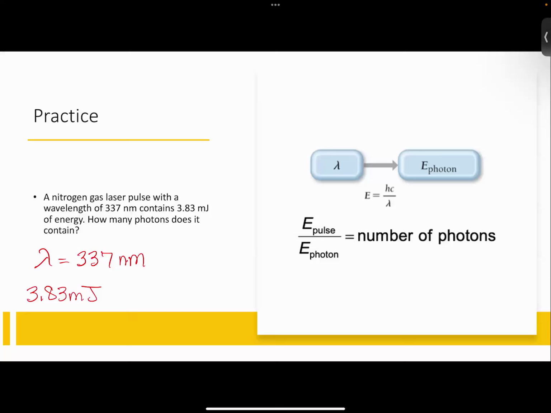How many photons does it actually contain? We can figure out the number of photons using this equation, where the pulse energy divided by the energy of a photon is equal to the number of photons.